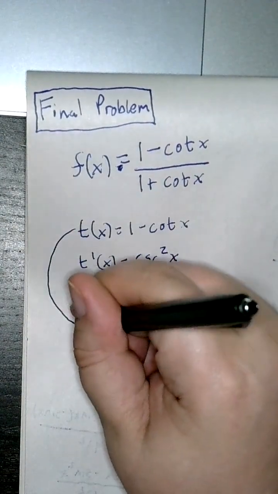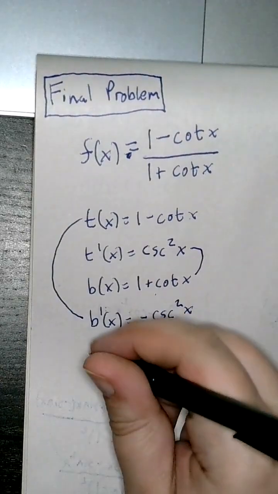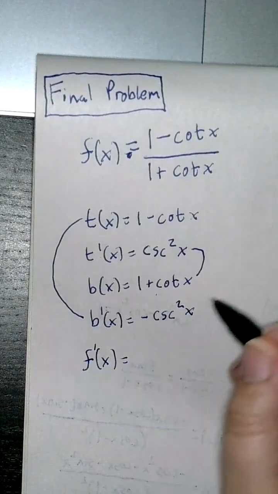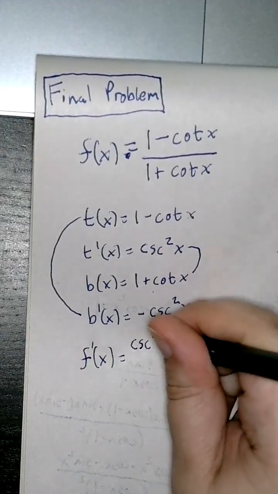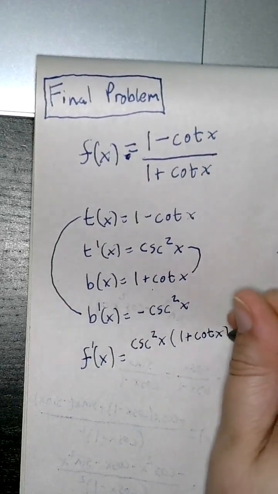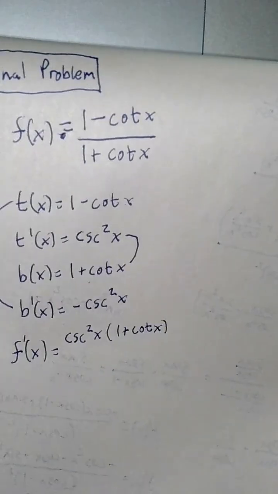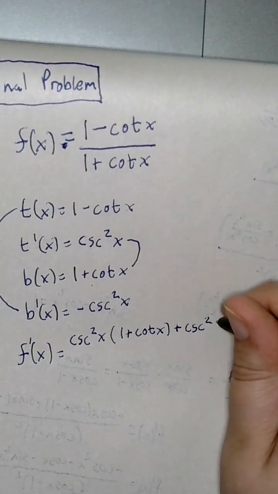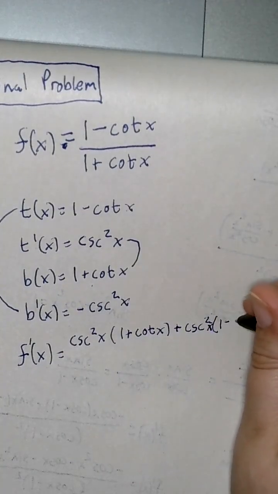So now I'm going to link my outer two functions and my inner two functions, so that I have everything I need to plug into the quotient rule. So f prime of x is going to be low d high, so that's cosecant squared times 1 plus cotangent, minus, well, negative times positive is going to be positive, so this is going to be plus cosecant squared of x times 1 minus cotangent.